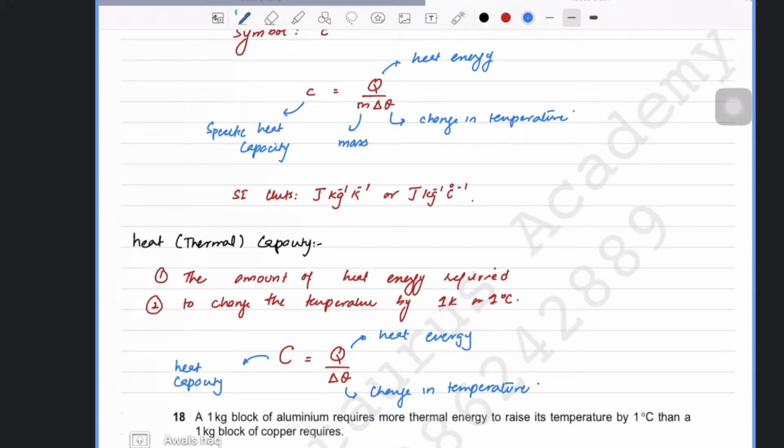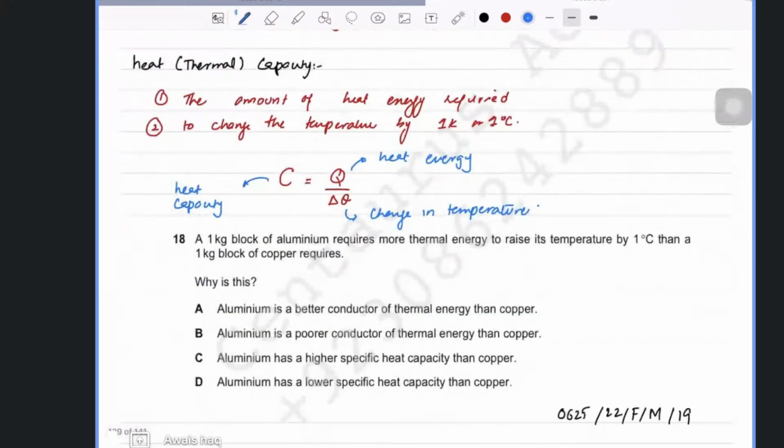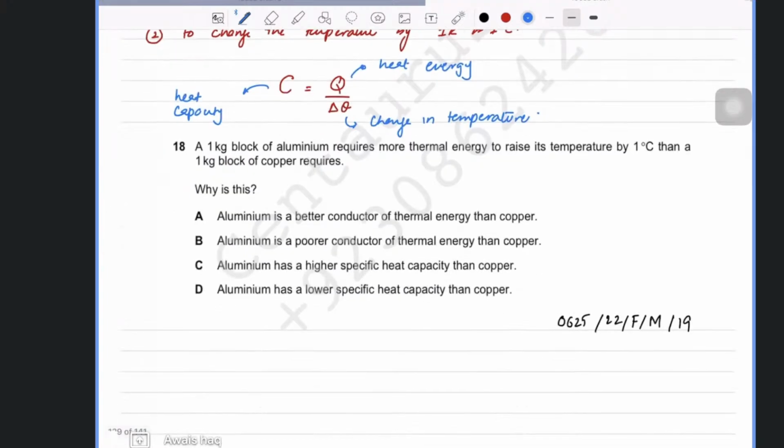Now, what does it really represent is given in this question. When you read it, it says 1 kg of aluminum requires more thermal energy to raise its temperature by 1 degree than 1 kg of copper. What does that mean? I'm just going to write it here.